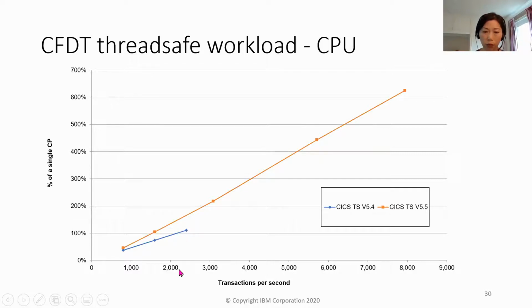However, it has a limit on the transactions per second. With the thread-safe CFDT, there is a much higher transaction per second you can get. So we can see the increase from around 2,500 up to 8,000 with this thread-safe workload.